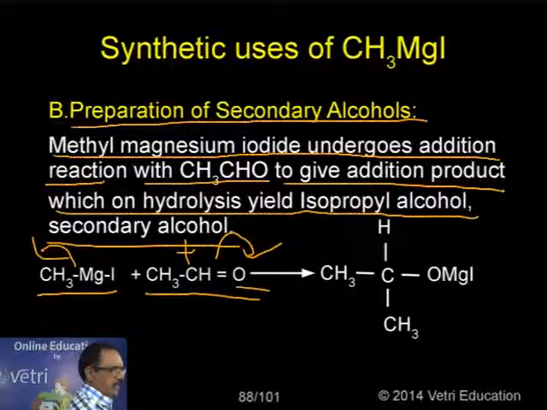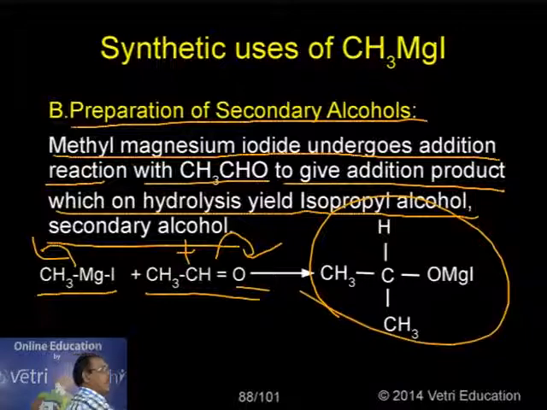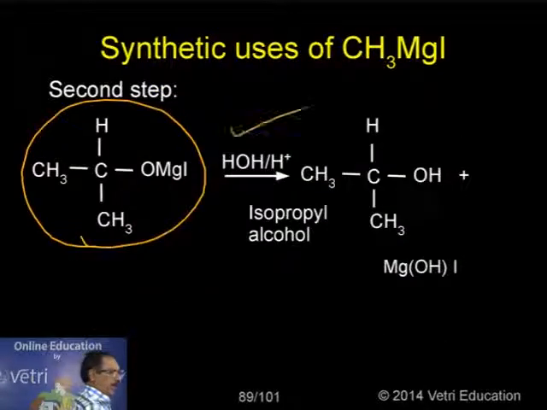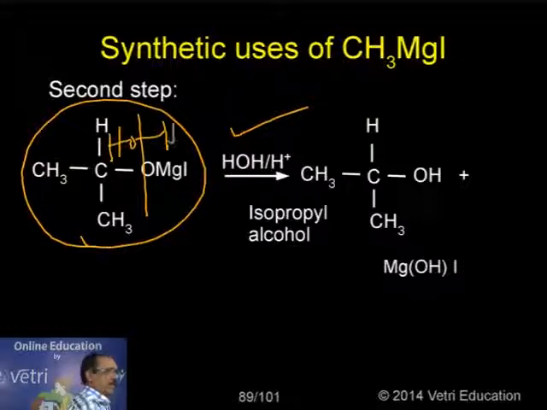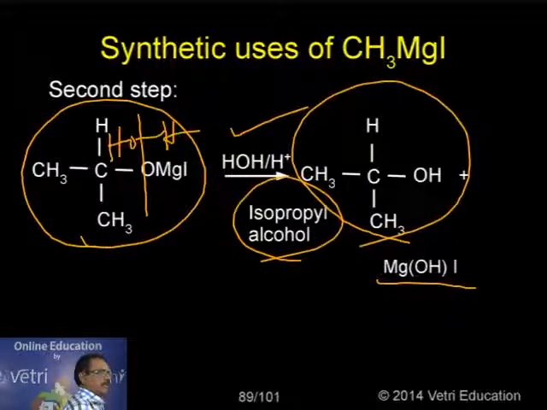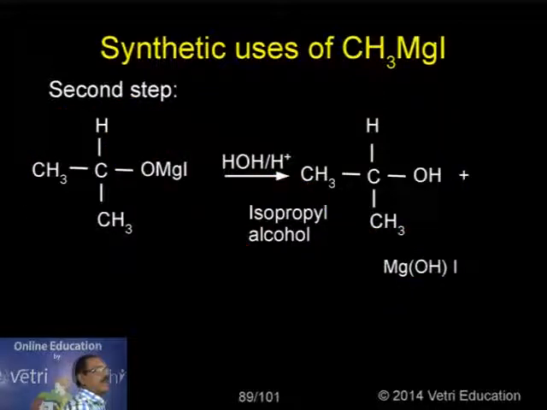By adding, the intermediate is formed. This intermediate undergoes hydrolysis with water and an acid, and again gets cleaved. So we get the corresponding secondary alcohol, nothing but isopropyl alcohol, along with MgOHI. This 2-propanol we get with the help of acetaldehyde.